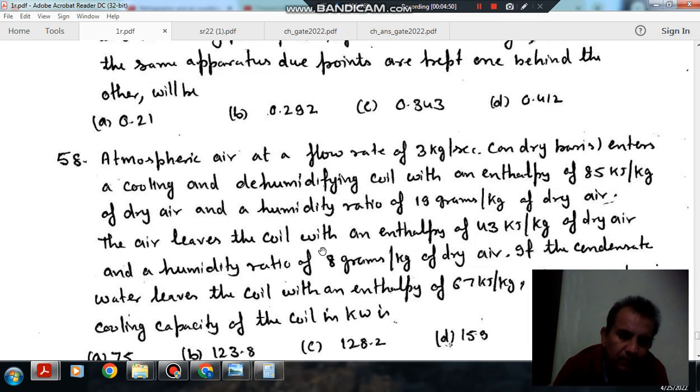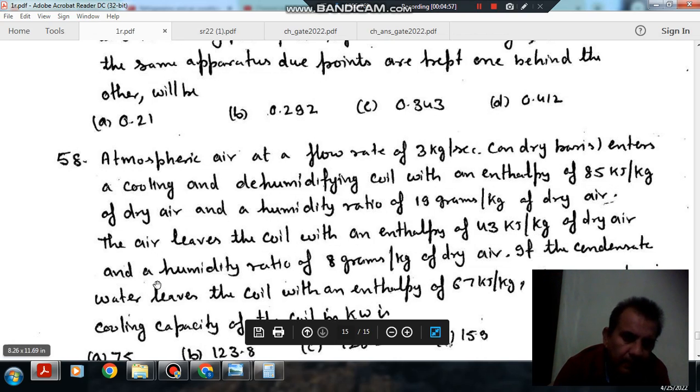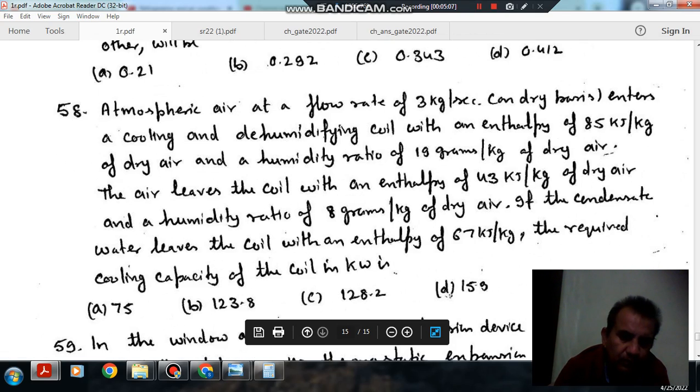The air leaves the coil with an enthalpy of 43 kJ per kilogram of dry air and humidity ratio of 8 gram per kilogram of dry air. If the condensate water leaves the coil with an enthalpy of 67 kilojoules per kilogram, the required cooling capacity of the coil in kilowatt is: option A, 75; option B, 123.8; option C, 128.2; option D, 159.